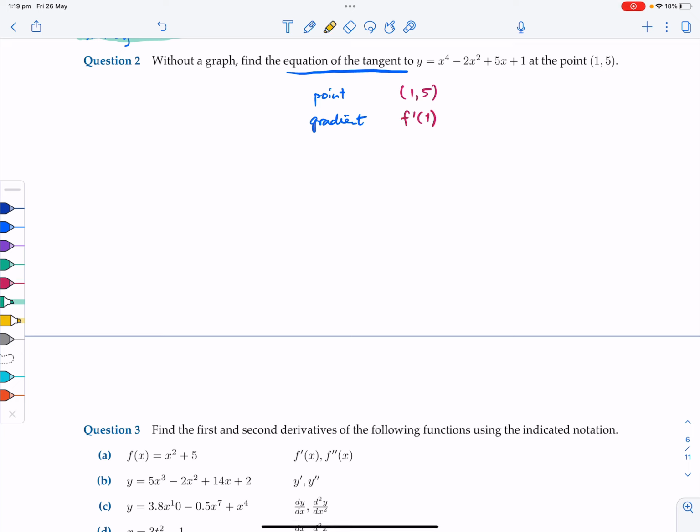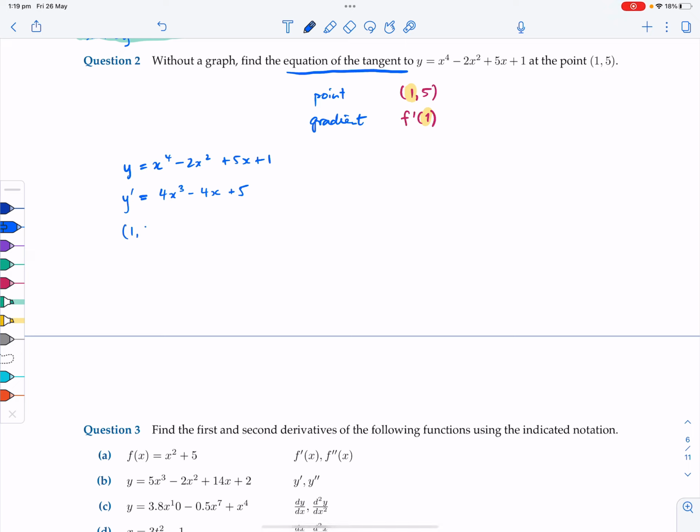Because 1 is the x value. So y equals x to the 4 minus 2x squared plus 5x plus 1. y dash equals 4x cubed minus 4x plus 5.